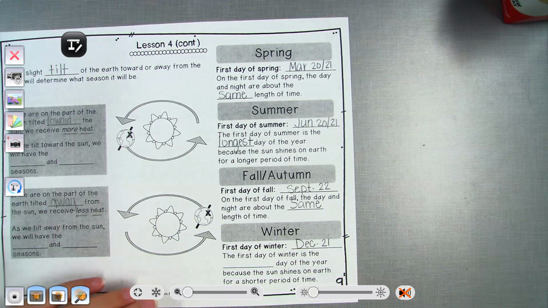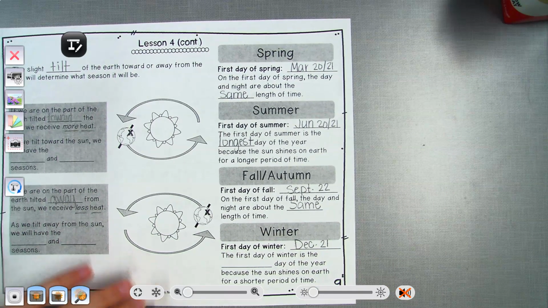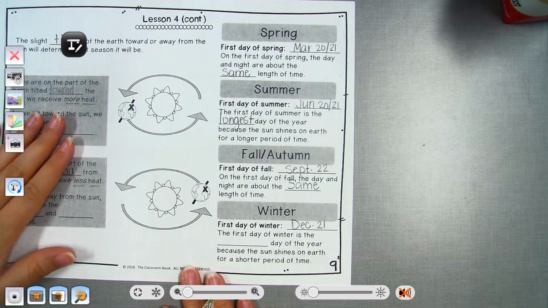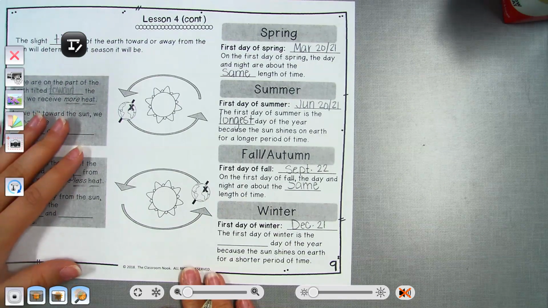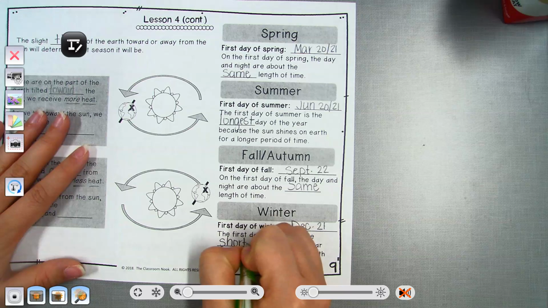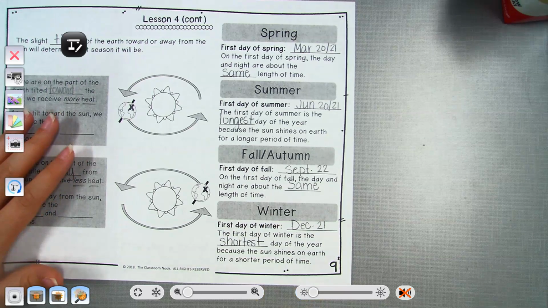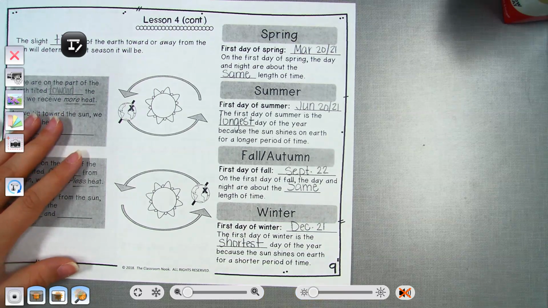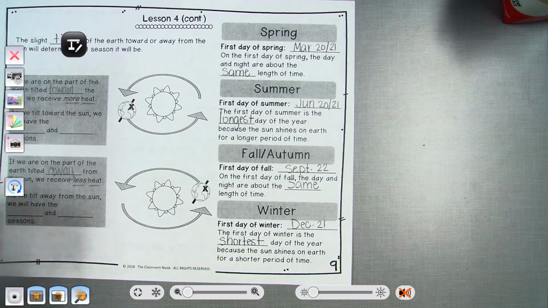Now, guys, you've got to remember we live in Texas, so we may not have exactly all of these seasons. So winter may not be like winter somewhere else. You've got to remember that. The first day of winter is the shortest day of the year because the sun shines on the earth for a shorter period of time.